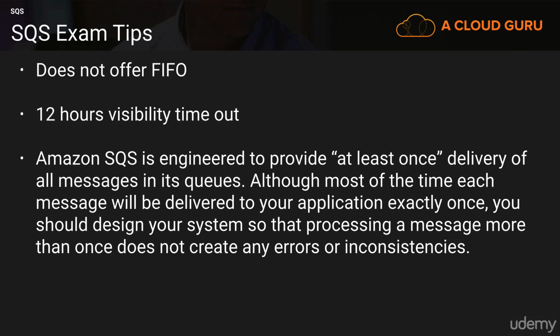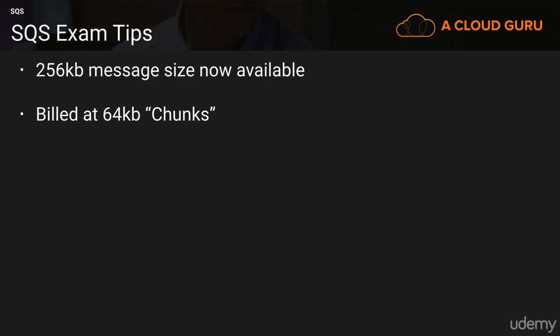You should design your system so that processing a message more than once does not create any errors or inconsistencies, so that's really down to your developers. 256K message sizing is now available. Originally they were 64 KB, so the billing is still based on the old message sizes. You're billed in 64 KB chunks, so you get 4 chunks per message size effectively now.